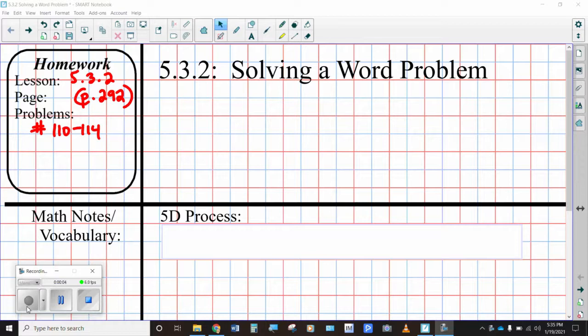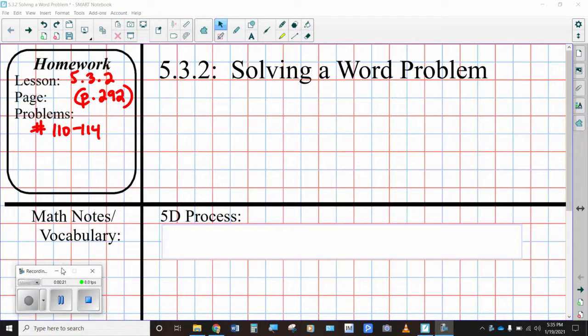Alrighty, today we are looking at lesson 5.3.2, which is called Solving a Word Problem. And this is the first time you are going to be exposed to a problem-solving process that is called the 5D process.